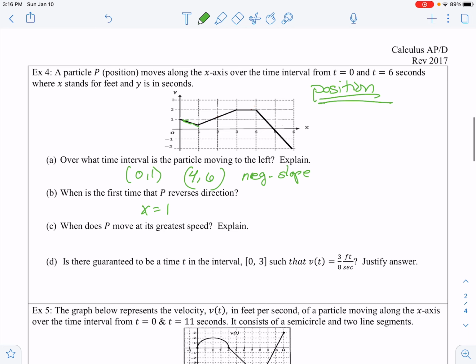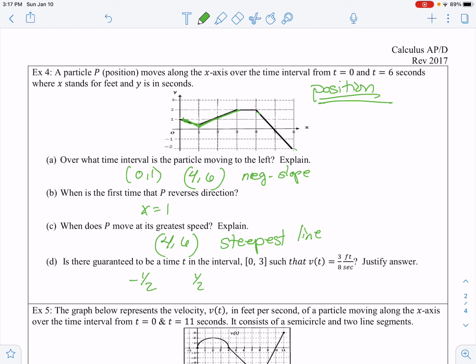When does P move at its greatest speed? You're looking at the steepness of the line. You have the steepest line from 4 to 6. Okay, is there a guaranteed time that the velocity is 3/8? Well, the slope here is negative 1/2, and the slope here is positive 1/2.